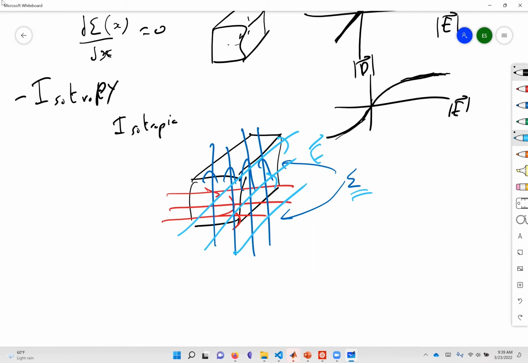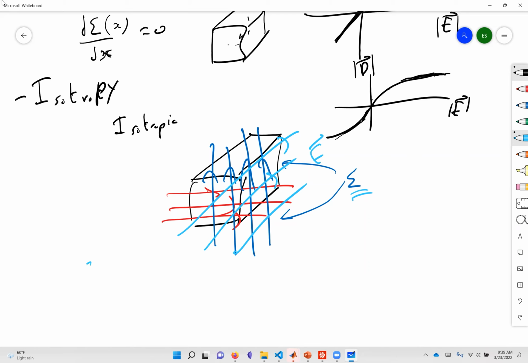Meaning, using a light analogy, if I apply the electric field in some direction, it will polarize differently than applying it in a different direction. So there are crystals that are not isotropic, but most materials are isotropic.